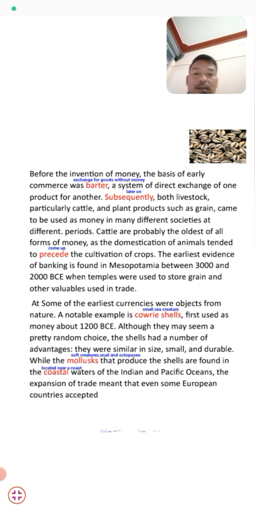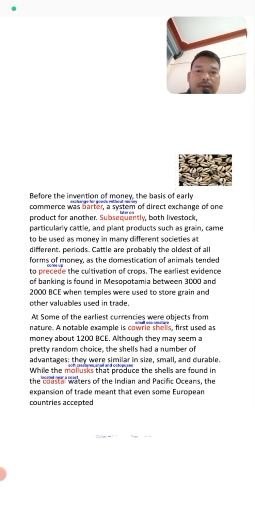The mollusks that produce a shell are found in coastal waters of the Indian and Pacific Oceans. The expansion of trade meant that even some European countries accepted them. As I told you, these shells are small and durable.